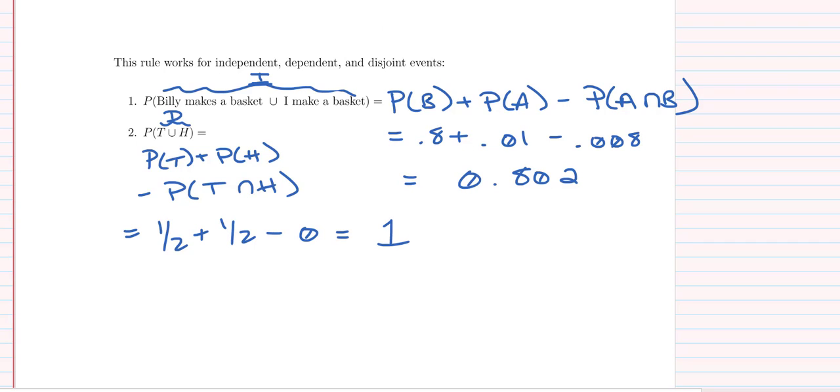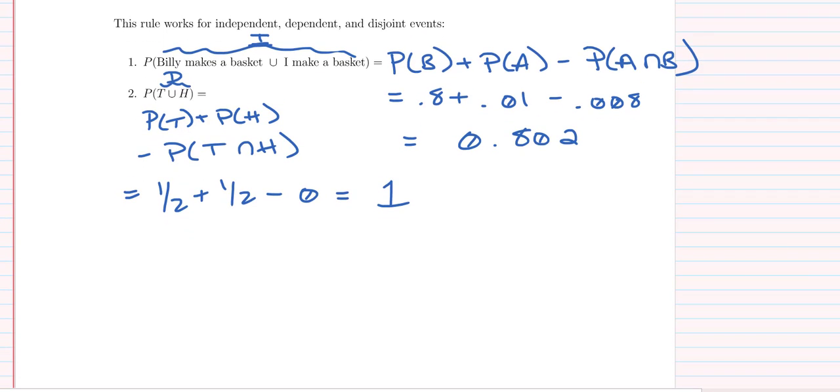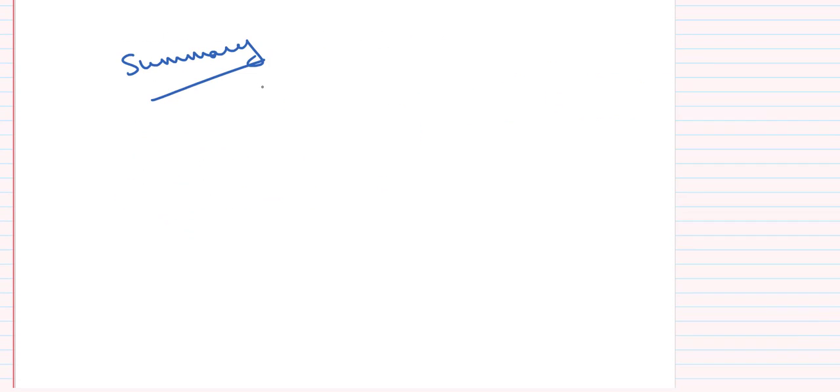The point of this is to show that you can use this rule for any set of events and it'll still work. So maybe you don't want to memorize both of them, but maybe just memorize the one.